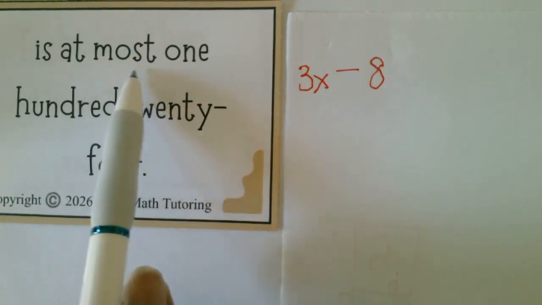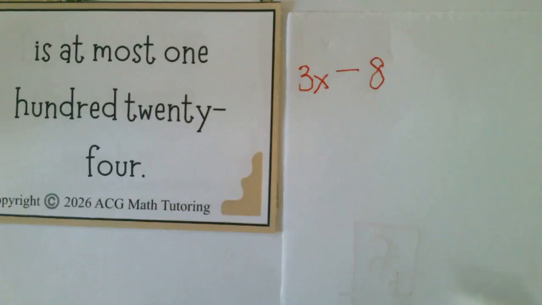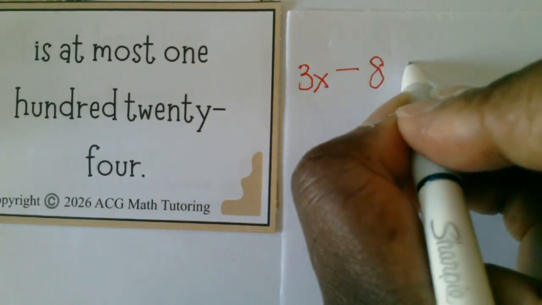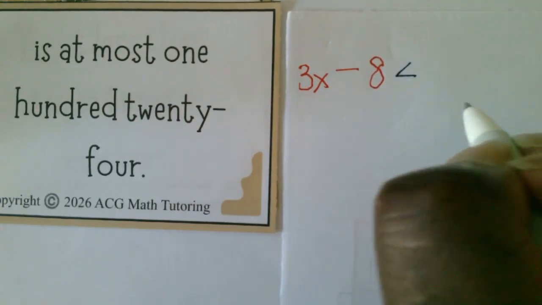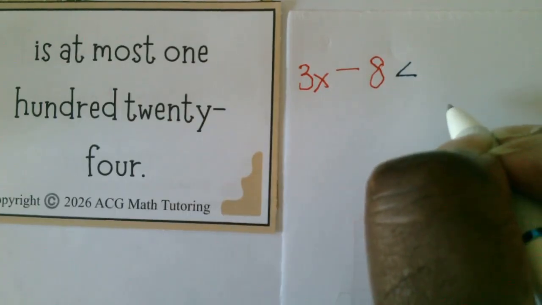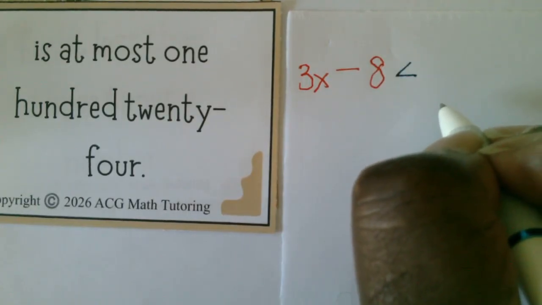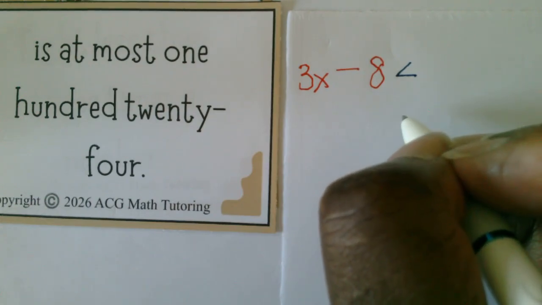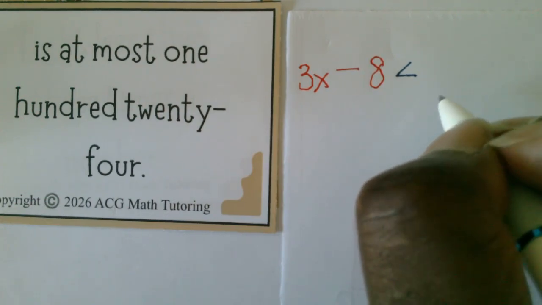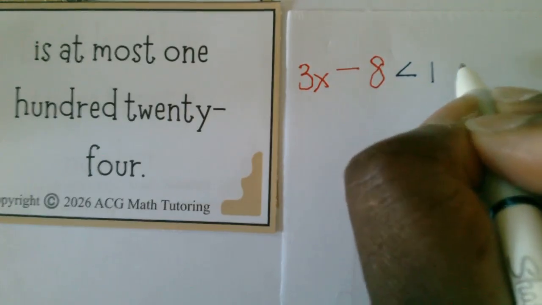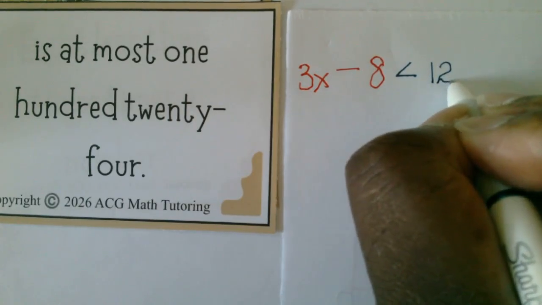So when you see at most, think of the opposite. So it's going to be our less than. Okay? So at most, I'm not even done yet, because if we got our less than, not greater than, so it's going to be less than, our 124.